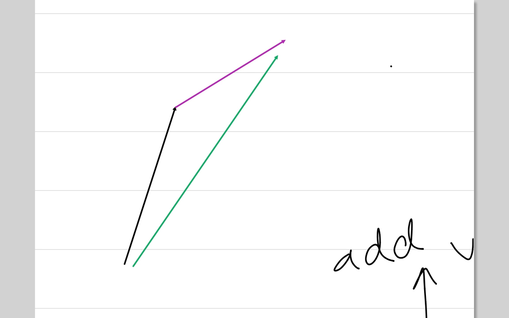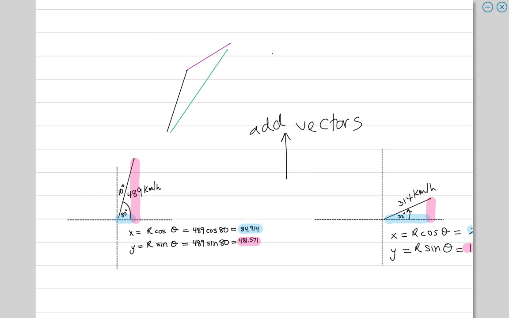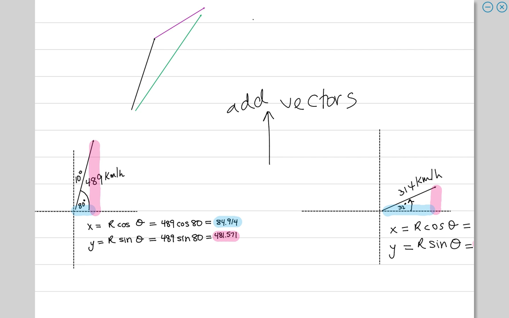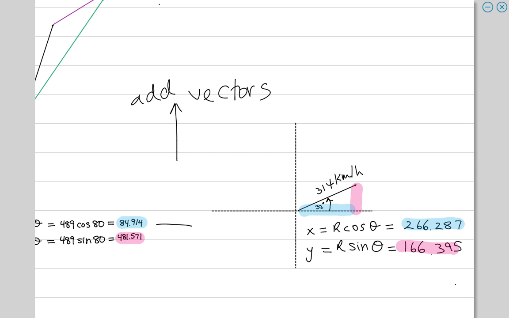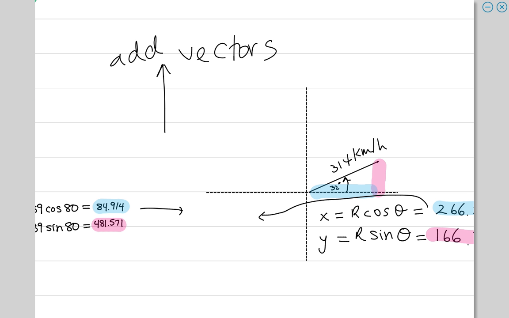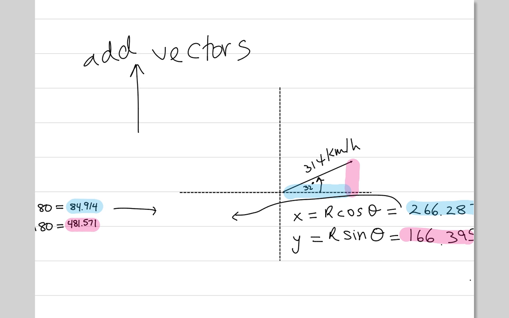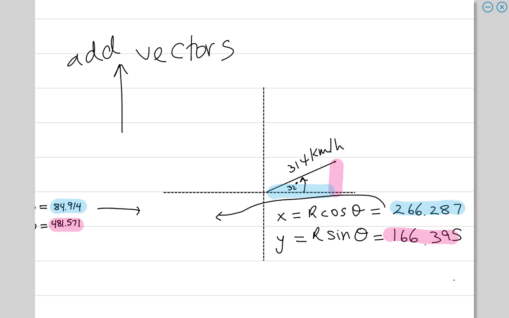Okay, so let's put in our numbers. Let's add the blue. You did it for me? Okay, I'm just going to do it just in case we make a mistake, and then I got to go back, and that'll be annoying. 266.287.